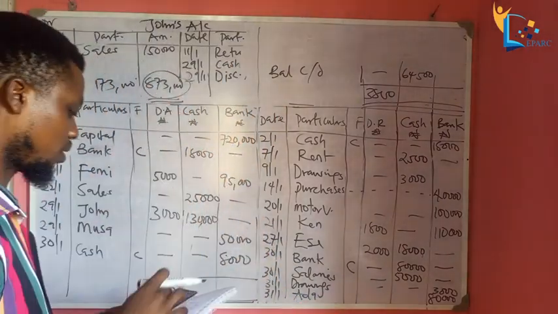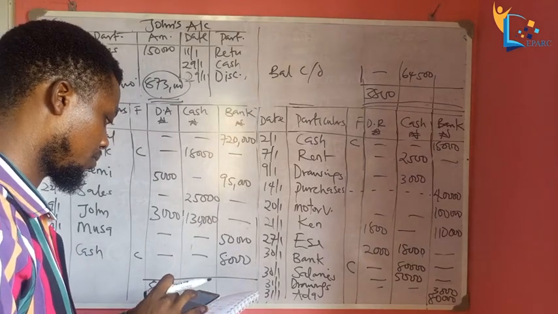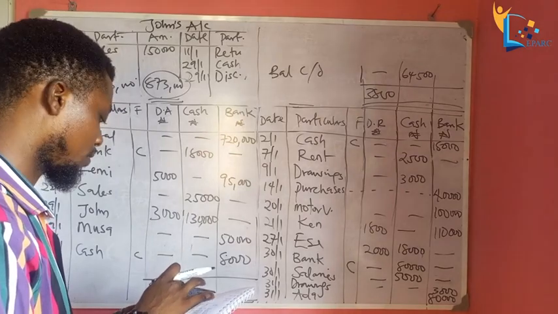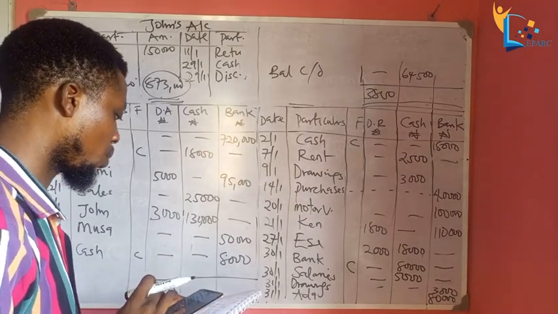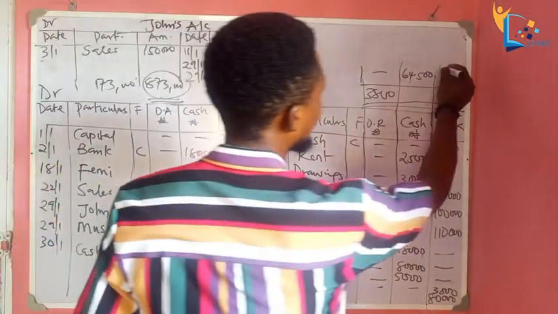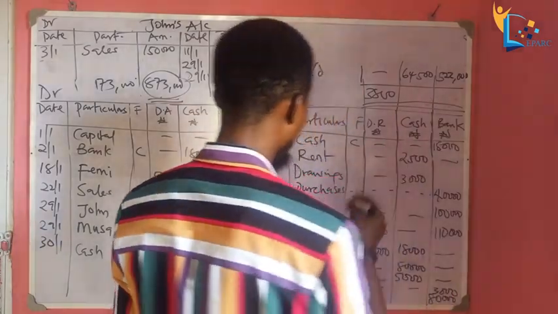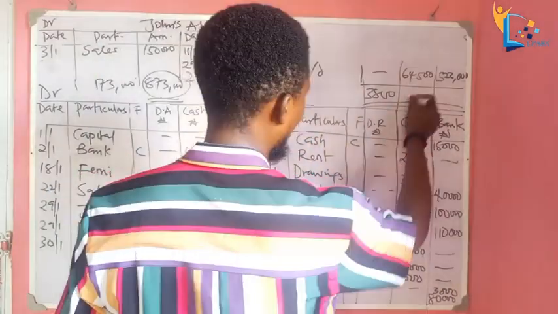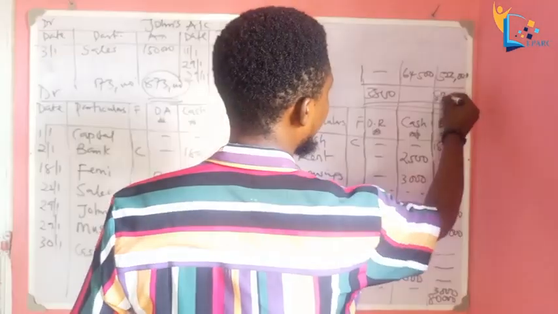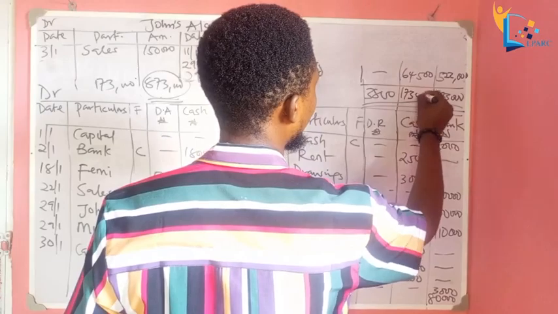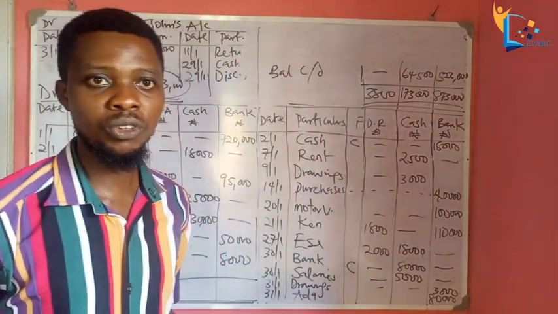So let's deduct it from this. Minus 873. So we have 522,000. So these are balance carried down. So you bring down 873,000, then 173,000. Okay, are we together?